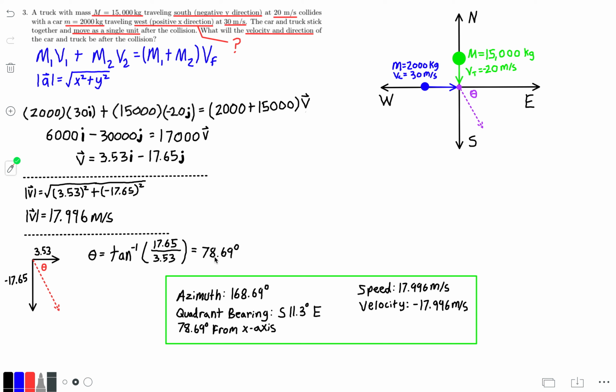And when we calculate this out, we get 78.69 degrees in azimuth, which is the degrees measured from north in this direction.